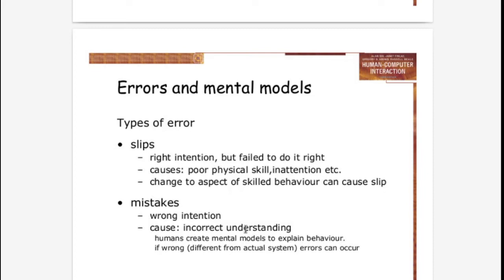Of course people make mistakes, because people understand wrongly, or have an incorrect understanding, or they are modeling an incorrect situation, or there is an incorrect model, or people are building their own theories to understand the causal behavior of systems. And the types of errors are slips and mistakes.